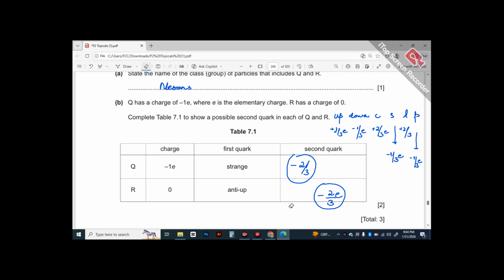They haven't asked you to write the charge for the second quark. It is close to eight minutes, isn't it?